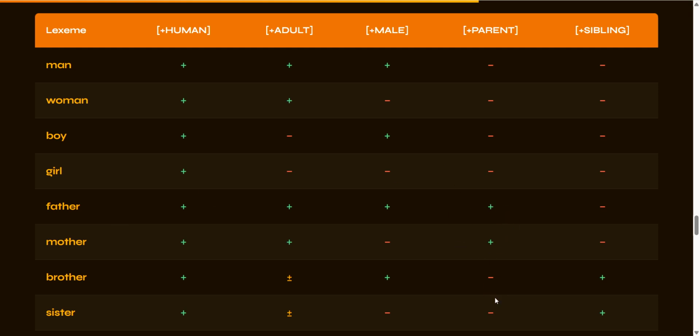For brother and sister, it's negative. Then comes sibling. These are all negative as they don't show the quality of being siblings. And here brother and sister are mentioned, which directly refers to being siblings, so it's plus for them. So that's how componential analysis is done.